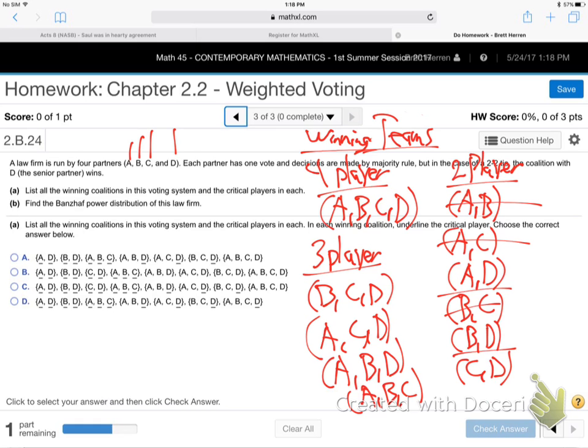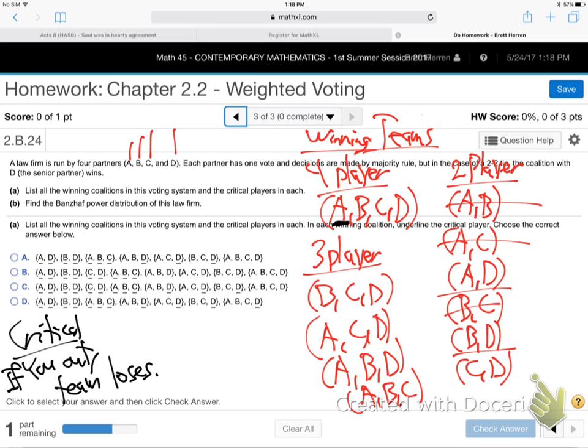All right, now let's circle who is critical. Remember, what does it mean to be critical again? If you are out, the team loses. The team loses without you. You're critical. So let's start with the 4-player team.